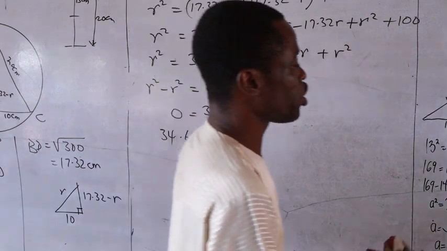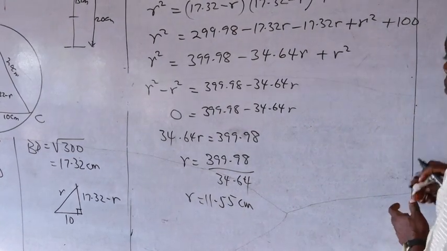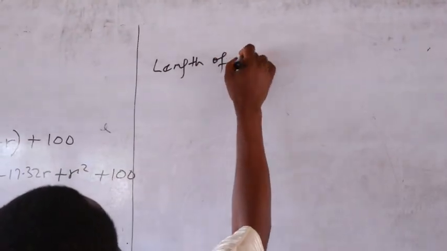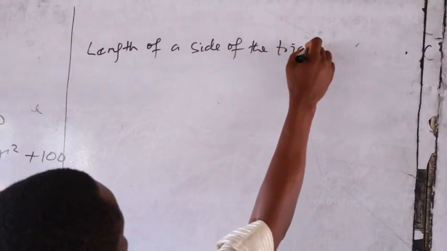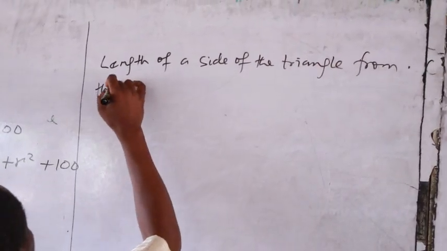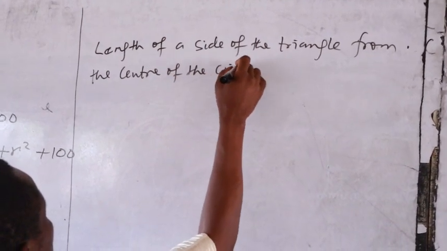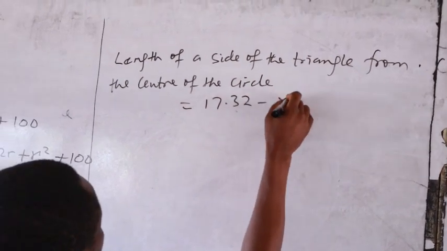If the radius is 11.55 centimeter, then we can now find the length of a side of the triangle from the center of the circle, which is 17.32 minus r.